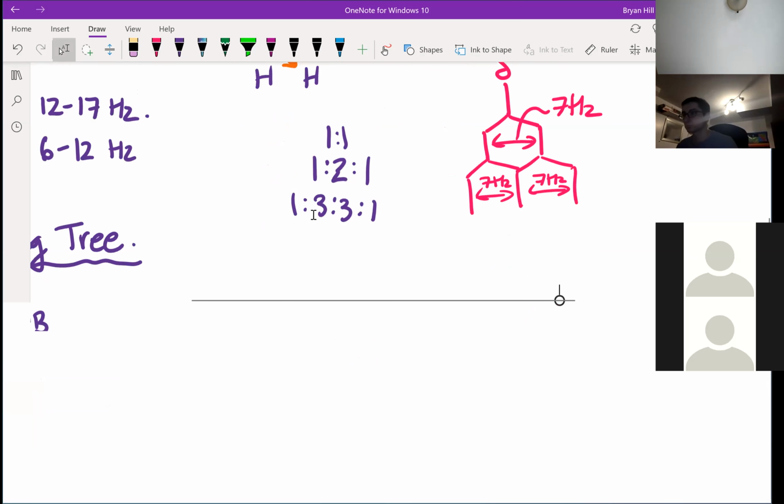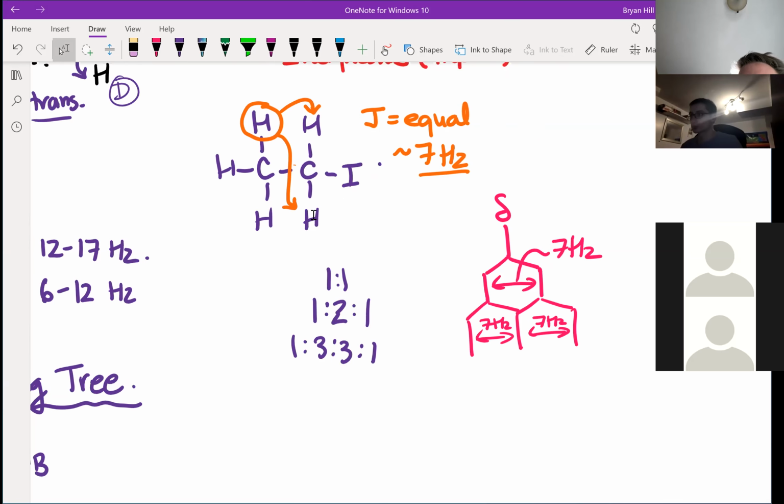The only difference is that this center line has been fed once in this direction and once in this direction. So it's twice as tall as the other peaks. But the actual coupling constant here would be 7 hertz on each side.